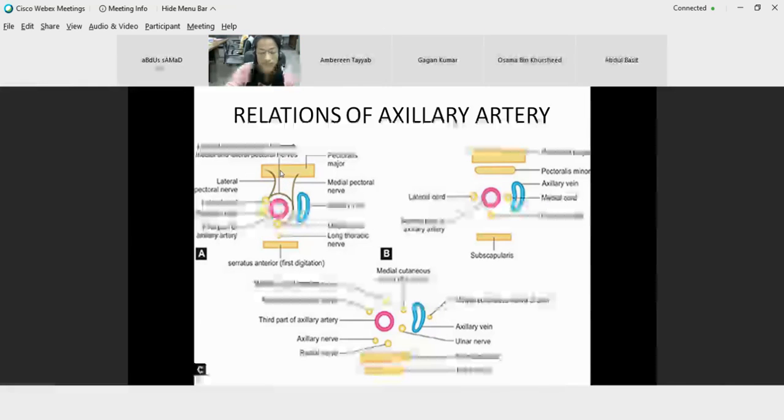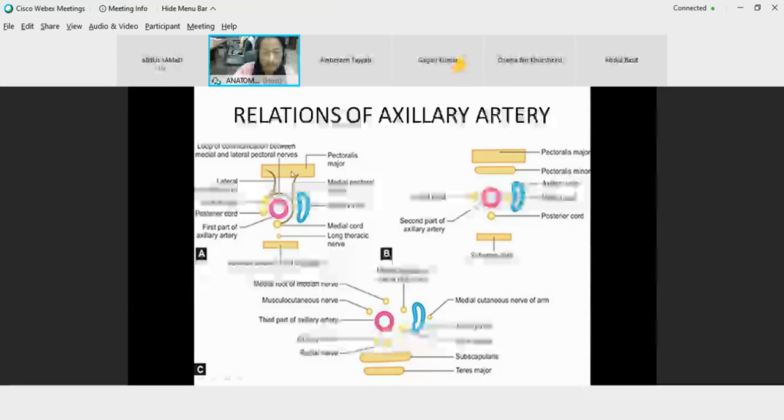What are the parts of the pectoralis major muscle, the two heads? Pectoralis major muscle has been taught to you, no? No, ma'am. Okay, the pectoralis major muscle has two heads, the clavicular head and the sternocostal head.